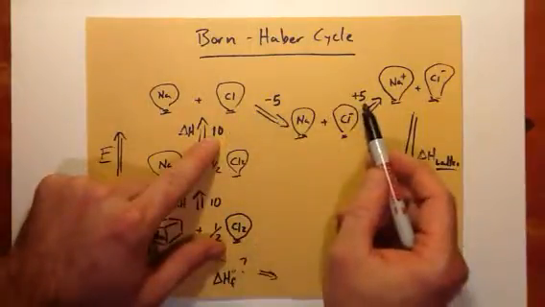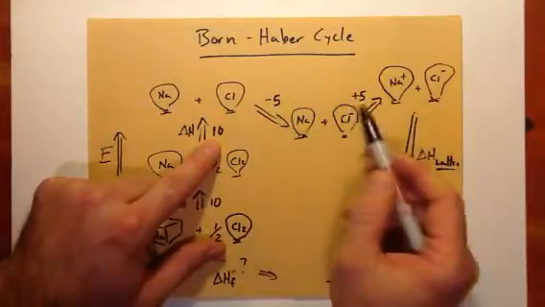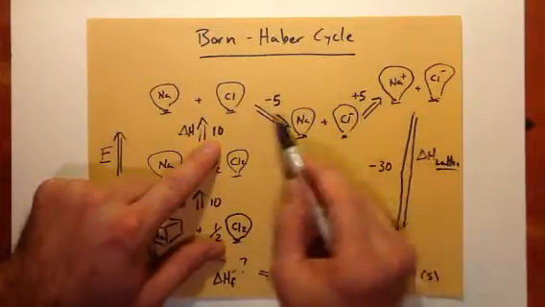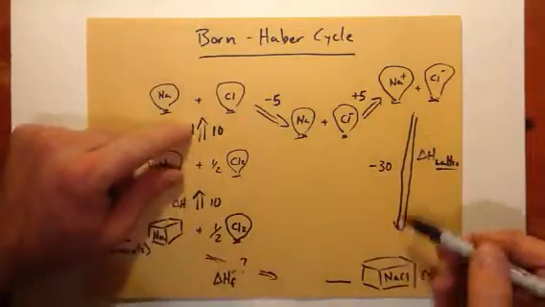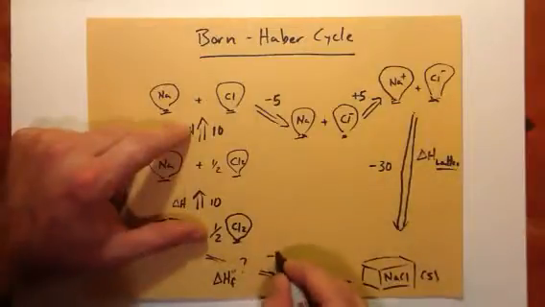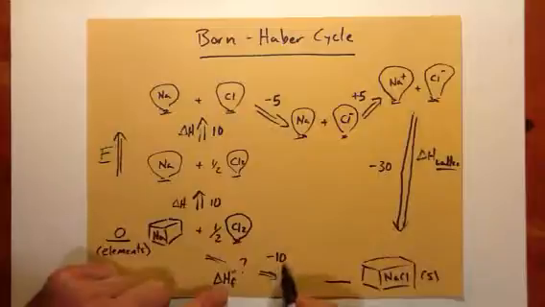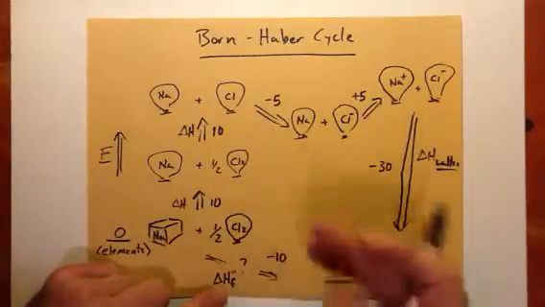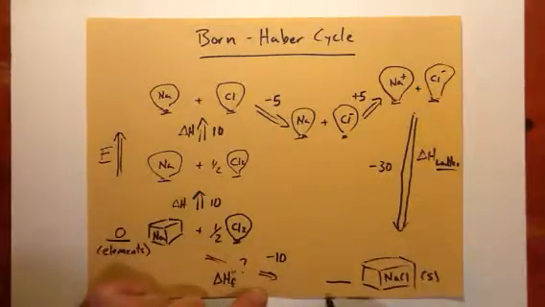This -5 canceled with this +5, and I made it simple so they cancel. And I went down 30, so I went up 20, these canceled, and I went down 30. So I would have, I know for sure, a -10 as a standard heat of formation value in kilojoules per mole. So we can say that's a -10 drop.